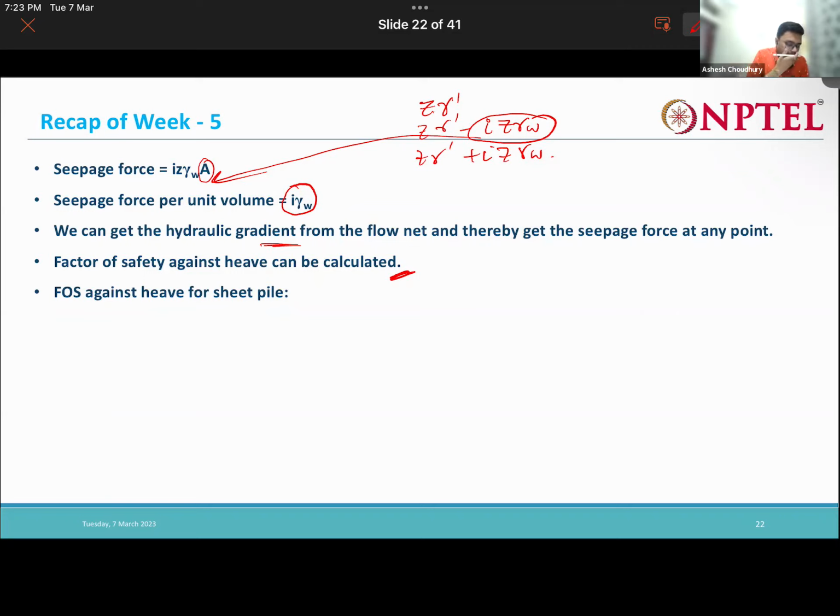So you have to stop that heave. The factor of safety against heave was already taught in the class. It is nothing but the submerged weight of the soil that is contributing downwards, to the uplift force, the upward force.